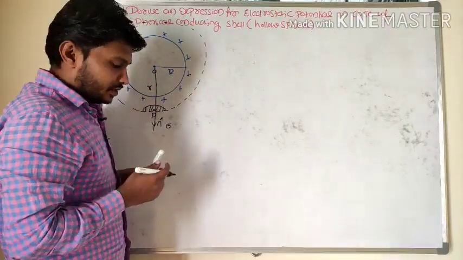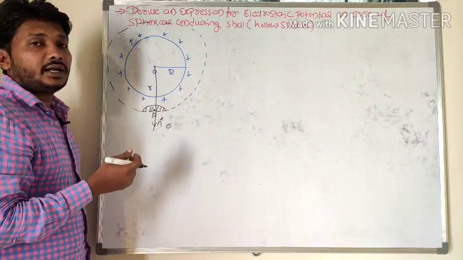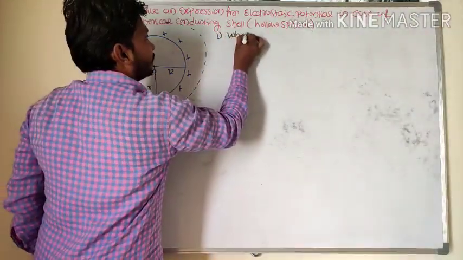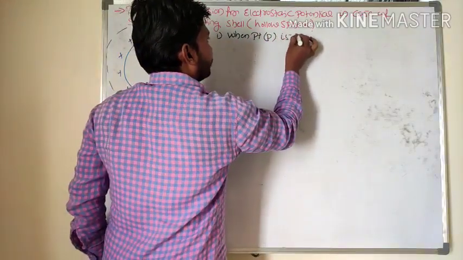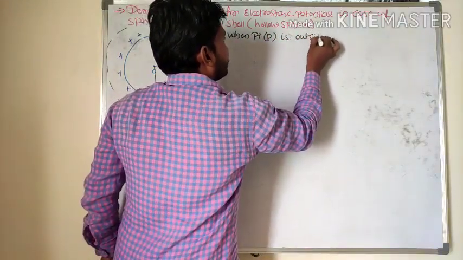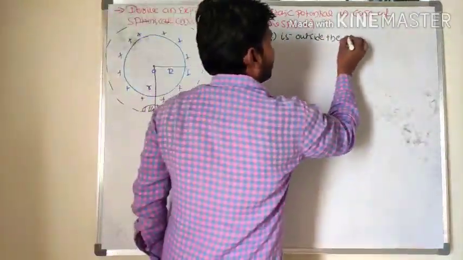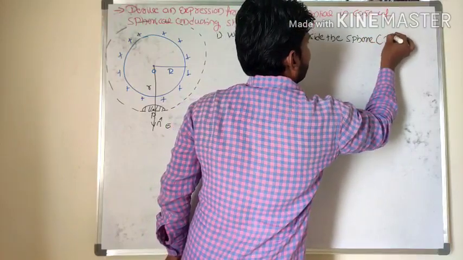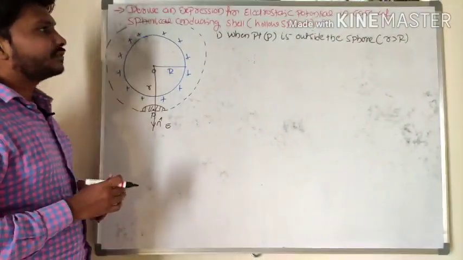Now my interest is to calculate the potential when the point of observation is outside the sphere. When point P is outside the sphere, small r will be greater than the radius R of this sphere.